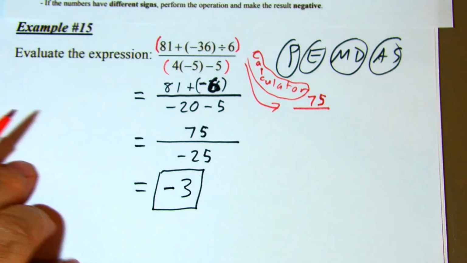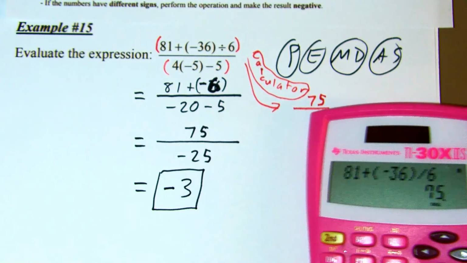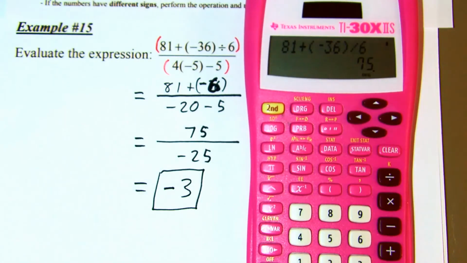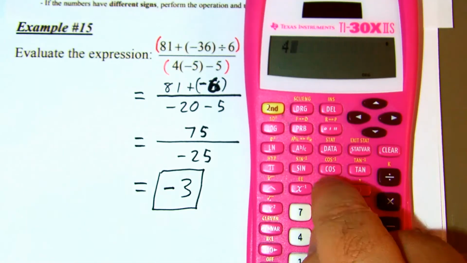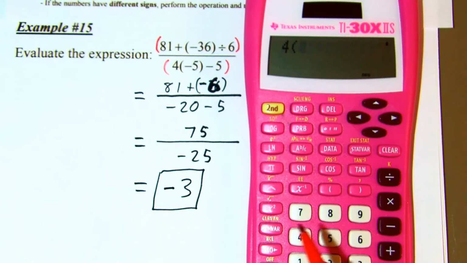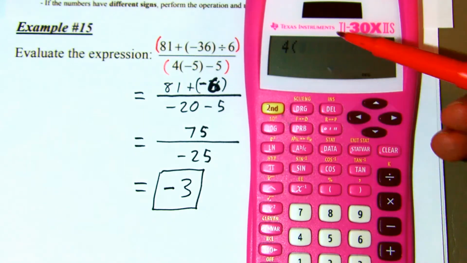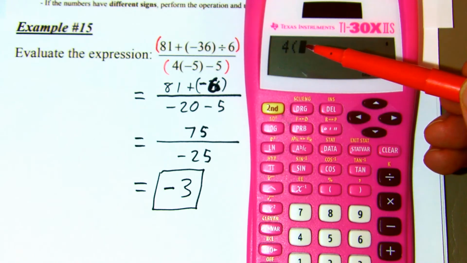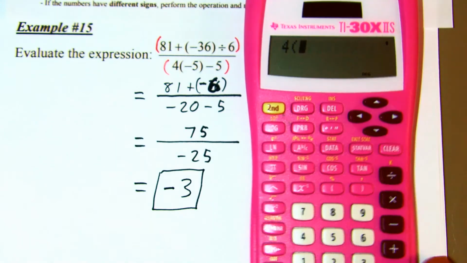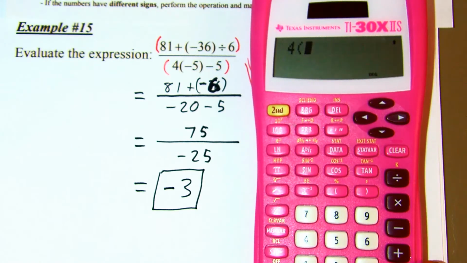And not surprisingly, I'm going to do the bottom now, and we better get a negative 25, but let's go ahead and see. 4 parentheses. I will mention, not all of you have this calculator. This calculator knows that if I type 4 in parentheses without typing the times, it knows it's multiplication. If you're using a different calculator, make sure that you know whether or not you have to type the times or not, because some calculators require it.